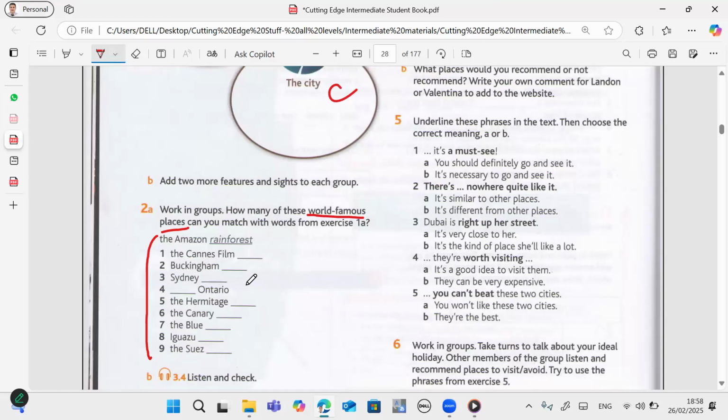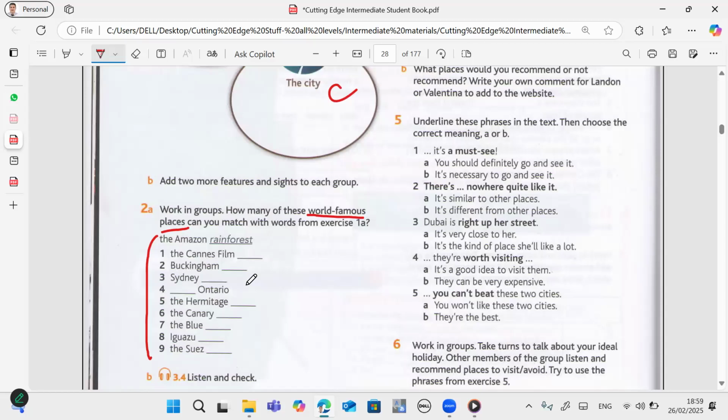Sydney Harbour is the home to some of the most famous sites in Australia, including Sydney Opera House and Sydney Harbour Bridge. 4. Lake Ontario is the smallest of the Great Lakes in North America, although it is still the 14th biggest lake in the world.